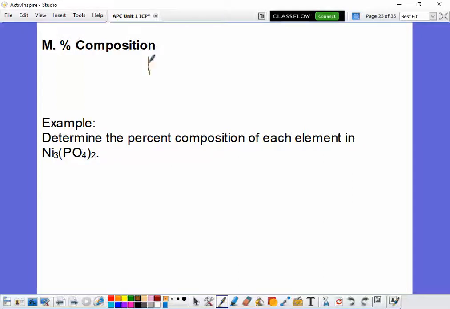That's the general formula for any sort of percentage. When we are given a formula of a chemical compound, to find the percent composition, we use the molar masses. So the part would be the molar mass that is contributed from a particular element, and the whole would be the entire molar mass of the compound.